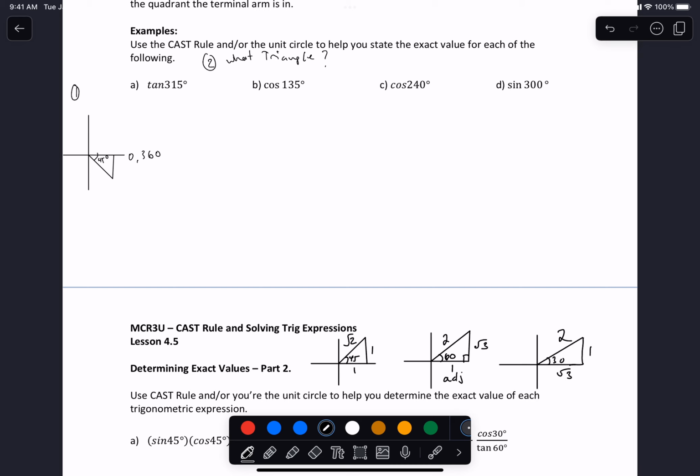I can subsequently put on my side lengths that we would have learned from yesterday's lesson. I know the 45-degree triangle is built with a positive 1 in the x direction and a negative 1 in the y direction. That's how you would get down into here. And then you're going to have the square root of 2 on that triangle as your hypotenuse.